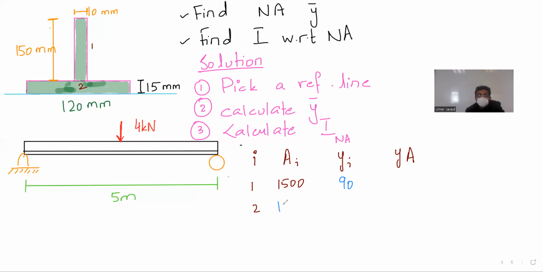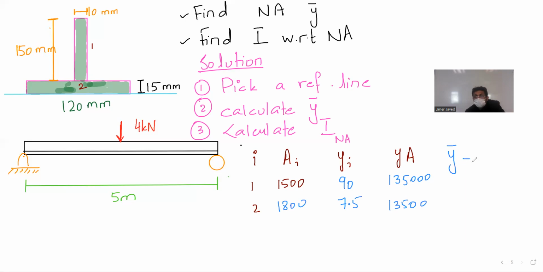This one is 1800, 120 multiplied by 15. Double check on calculator. And then this one will be 7.5. Then YiAi will be 135,000, right?